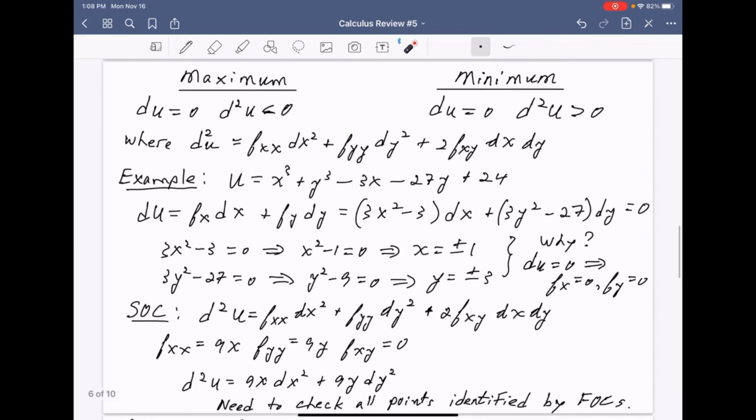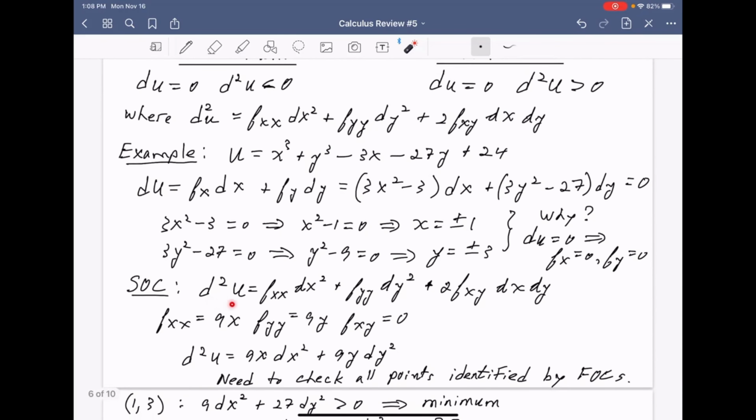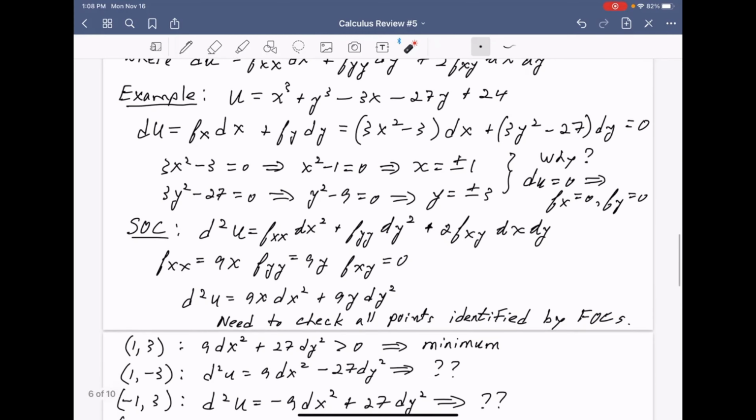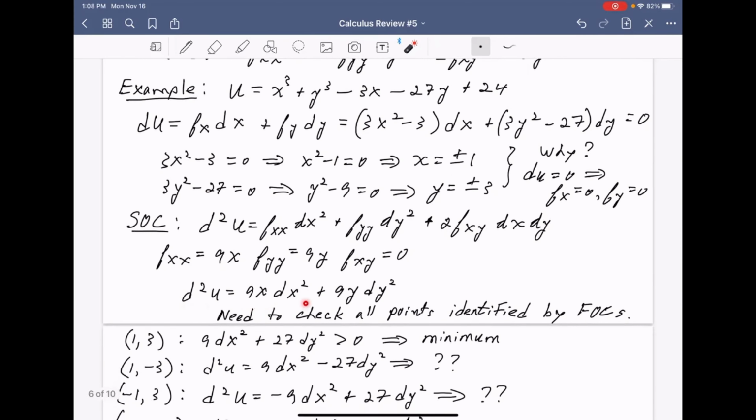So the second order conditions we find according to the formula that we mentioned above. So we need to figure that out. The first thing we do is calculate d squared u, which is 9x dx squared plus 9y dy squared. Then we need to check all points that are identified by the first order conditions.